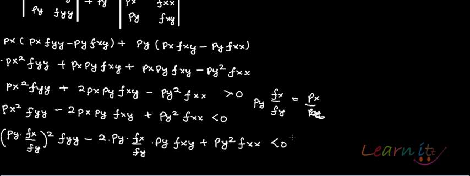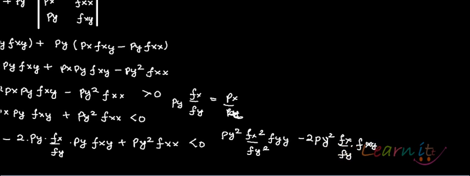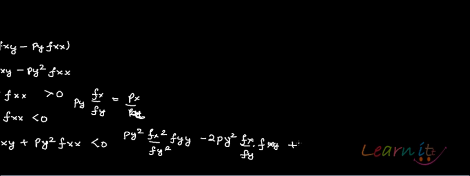So what you will have eventually is py square, fx square by fy square, fyy minus 2 py square, fx by fy, fxy, plus py square fxx should be less than 0. This is what you will have.